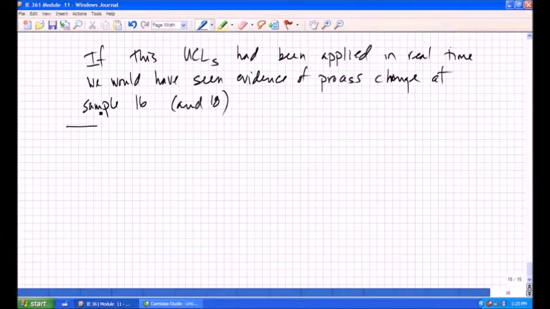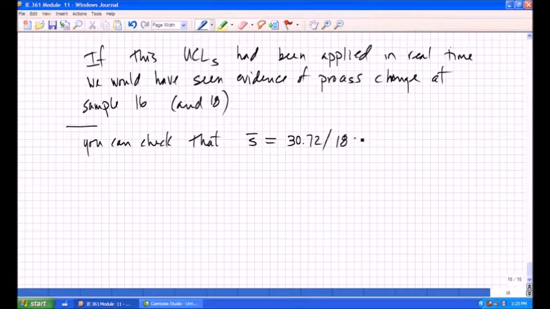If I wanted to make retrospective calculations, so you can check that if you add up the S's and you divide by the number of them, that is, you add them up and you divide by 18, as it turns out, what you get is 30.72 divided by 18.